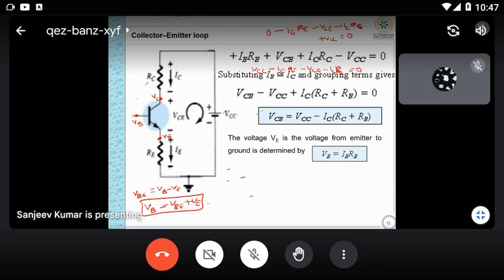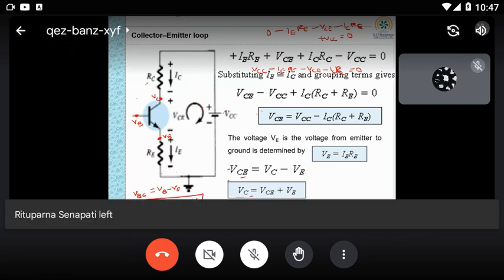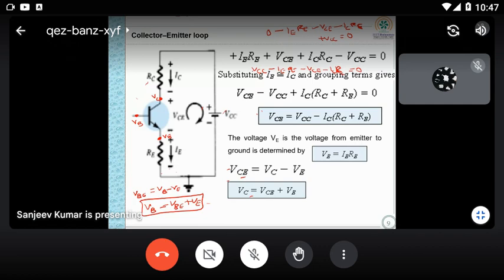You can use this approach and find out VB. And VC also you can find out: VCE is VC minus VE, and VCE is also known to you. So you can write VC is equal to VCE plus VE. So now all node voltages you are getting.